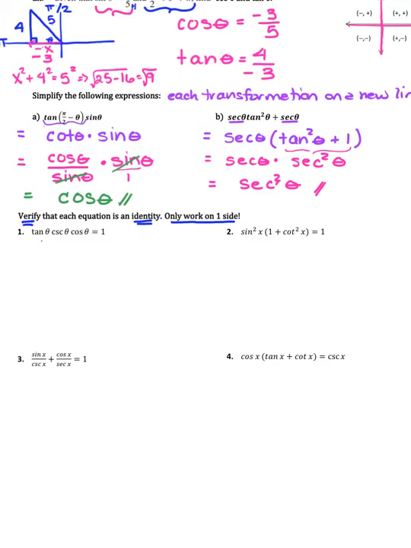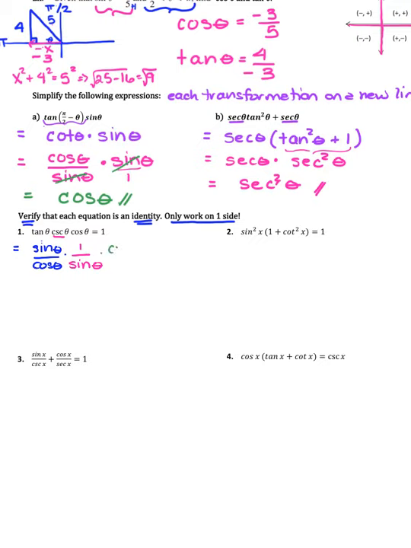So I'm not going to touch the 1. I'm only going to work on one side until from this one side I get down to 1. So let's start. Tangent theta, I'm going to turn everything into sine and cosine. So tangent theta is sine theta over cosine theta. Cosecant theta is 1 over sine theta.